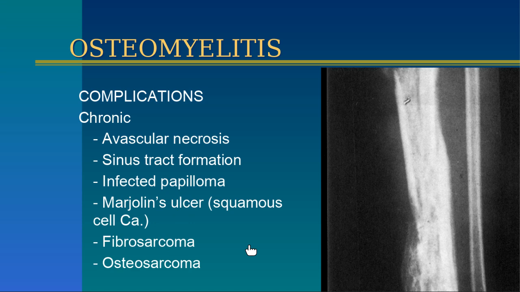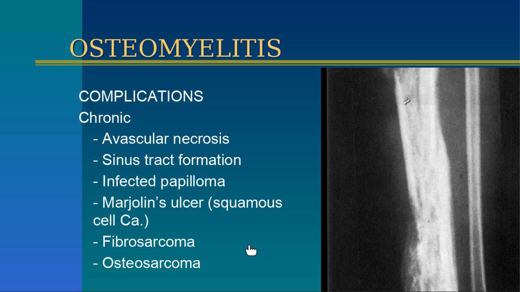So it's not necessarily always a benign procedure, a benign condition. Sometimes you may have that sinister patient with chronic osteomyelitis not getting any better no matter what you do. You have to be suspicious. Are we undergoing a transformation here? Are we dealing with a malignancy within chronic osteomyelitis?